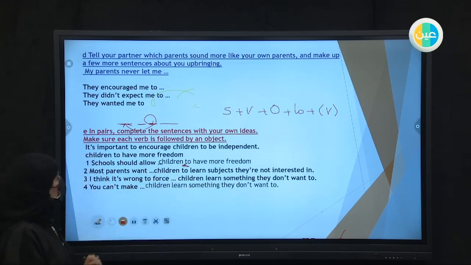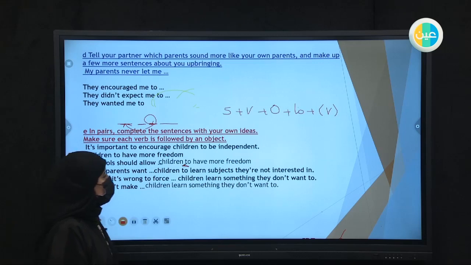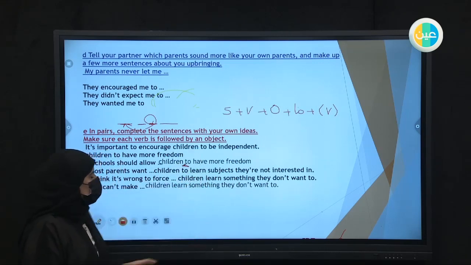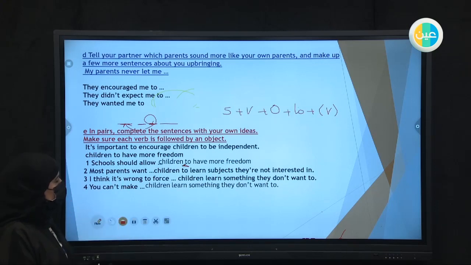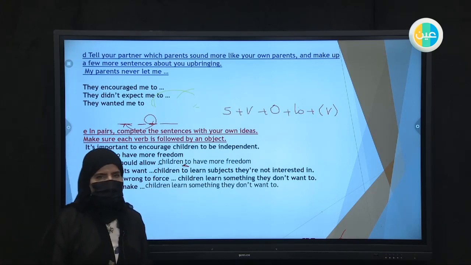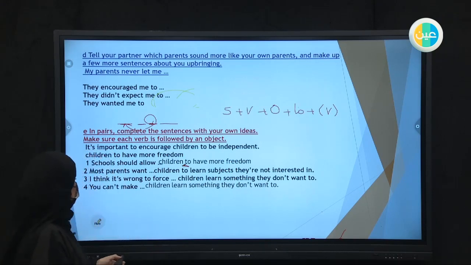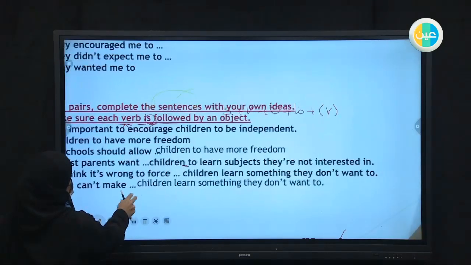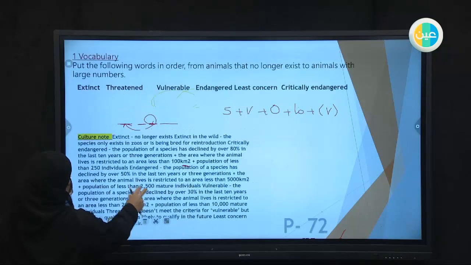You can't make children learn something they don't want to. This one you can write your own sentences, but this is as suggested answers.